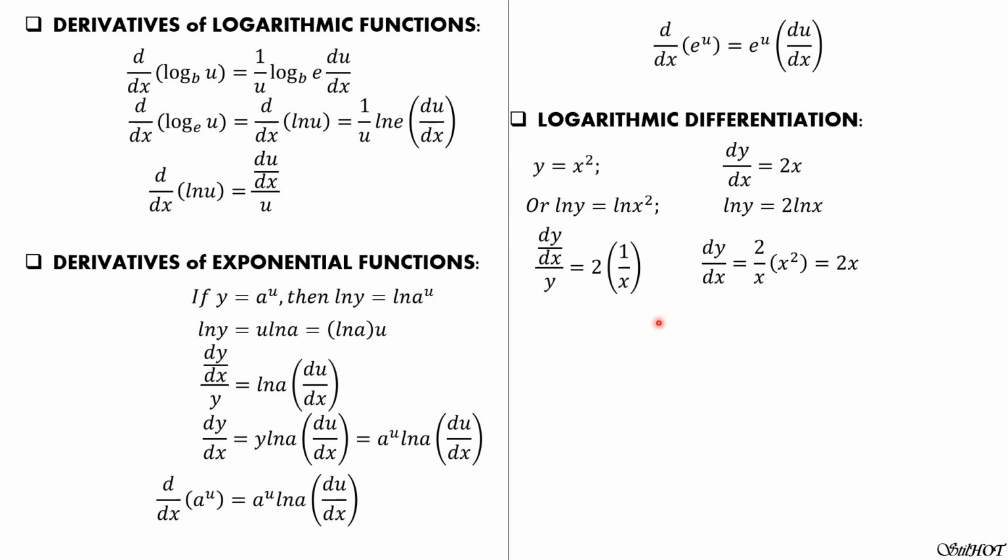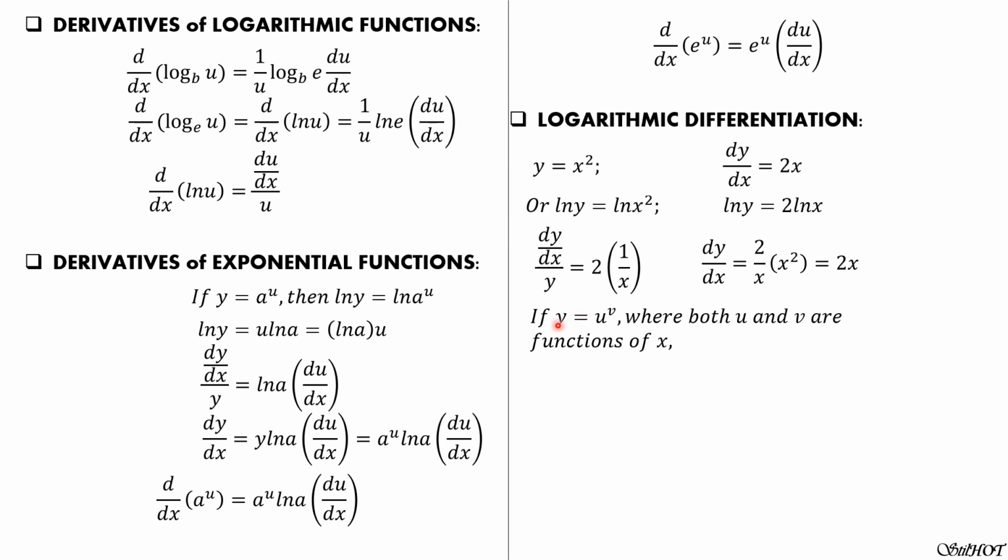Now, what if the function is a variable raised to a variable? Of course, this is the better method, logarithmic differentiation. So if y is u to the v, where u and v are both functions of x, you cannot differentiate it directly using the power formula because u and v are functions of x, or also variables.